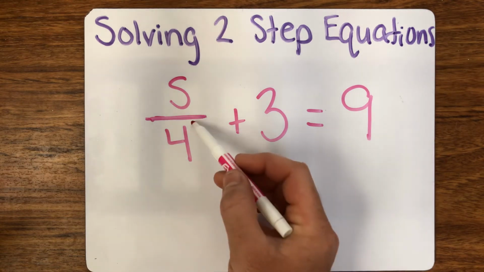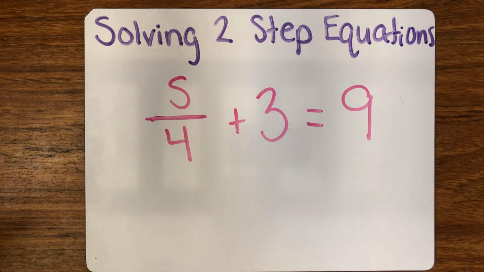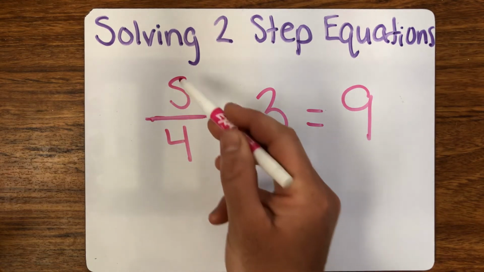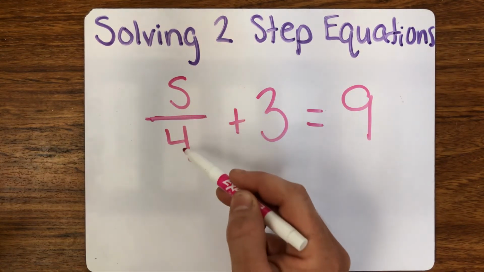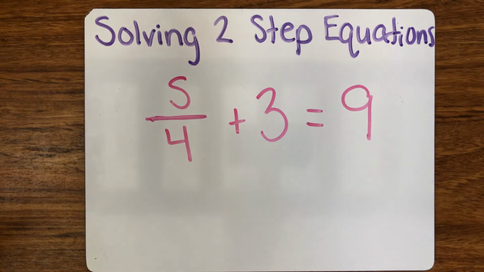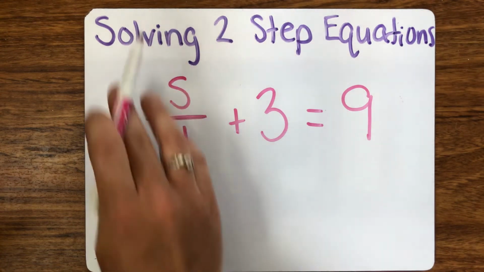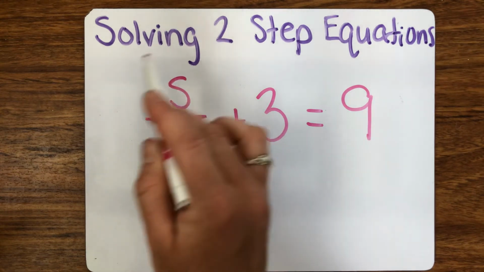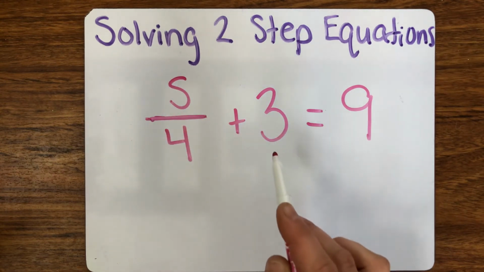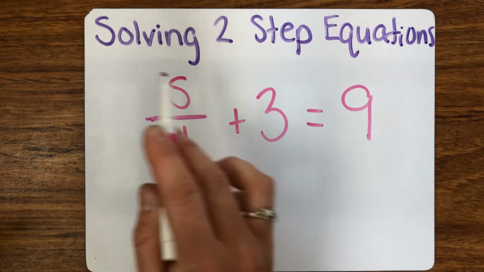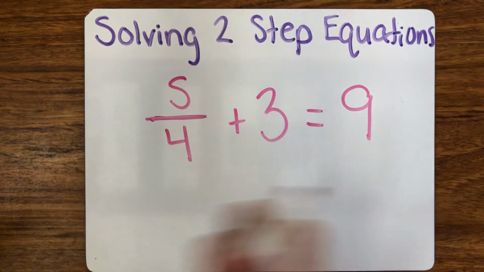Remember, the line that separates the numerator and denominator stands for division. So this stands for s divided by 4. So let's take a step back and see what we do first. Well, these are connected, so we're not going to deal with this just yet. We're going to look at that 3, and we're going to get this 3 away from the s so that the variable is by itself.